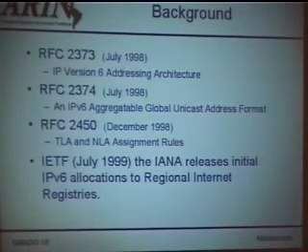In late 1998, the TLA, the top-level aggregation bits, and the NLA, the next-level aggregation identifier, assignment rules were set up. It was within that context, after December of 1998, that the three regional internet registries, or RIRs, set up a series of allocation criteria for IPv6, under which in July 1999 the IANA released the initial IPv6 allocations to the registries.